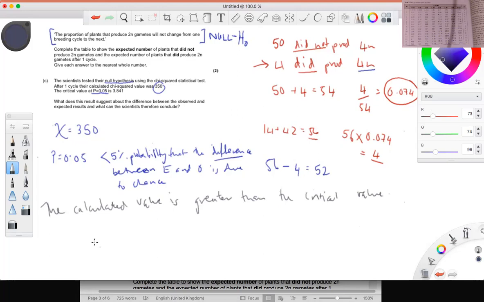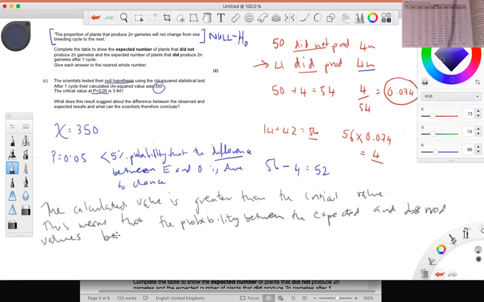And then we could say that this means that the probability between the expected and observed values being due to chance is less than, you could say less than 5%, or you could say less than 0.05. Or if you say less than 5%, that's absolutely fine.